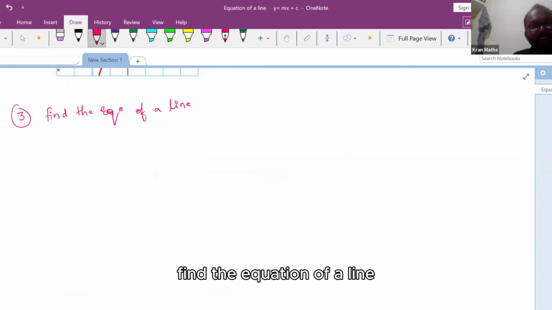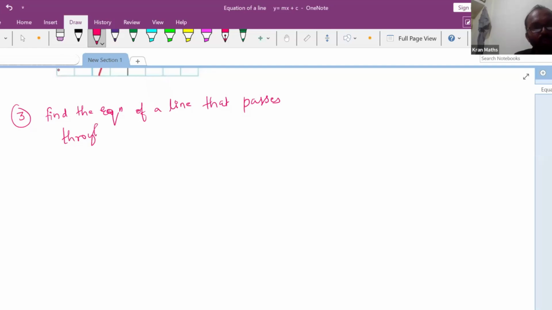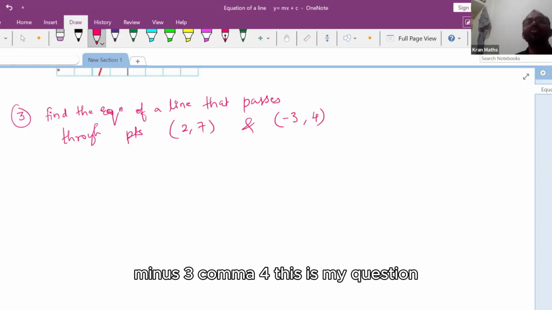Find the equation of a line that passes through points 2, 7 and -3, 4. This is my question.